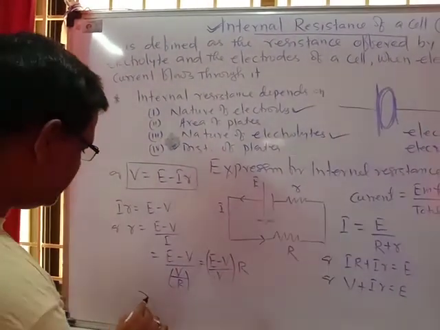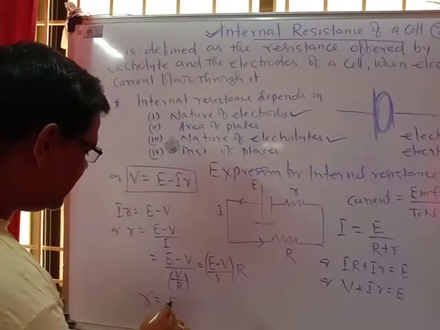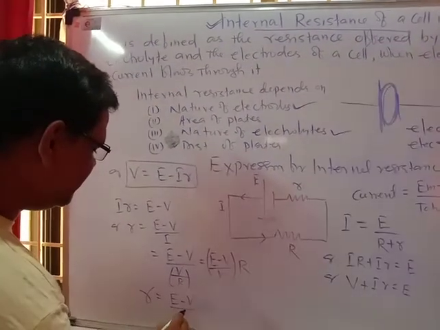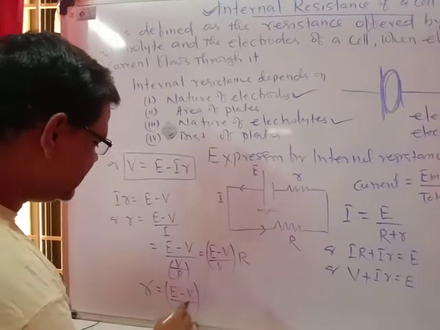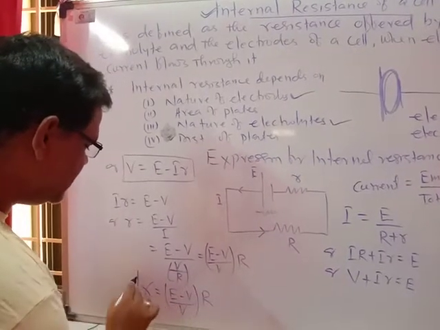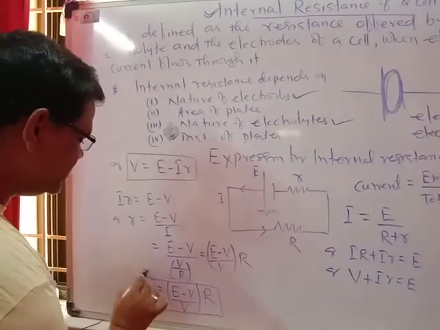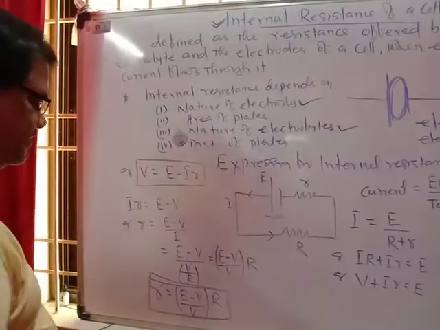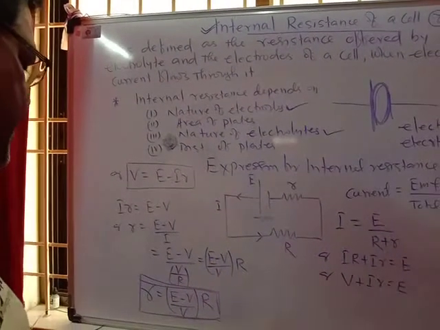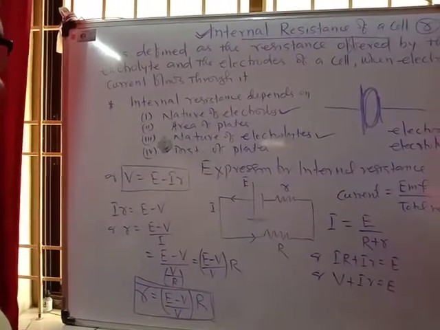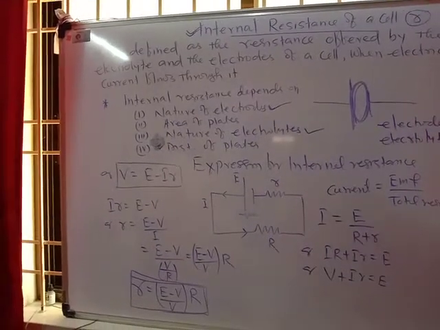Small r equals E minus V upon V, whole multiplied with capital R.